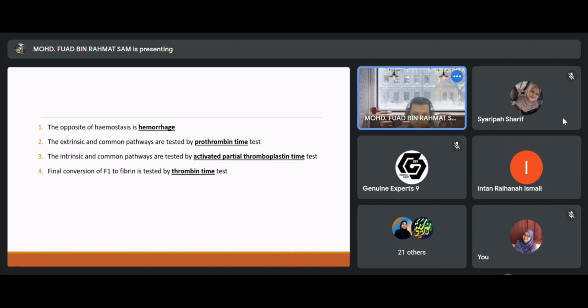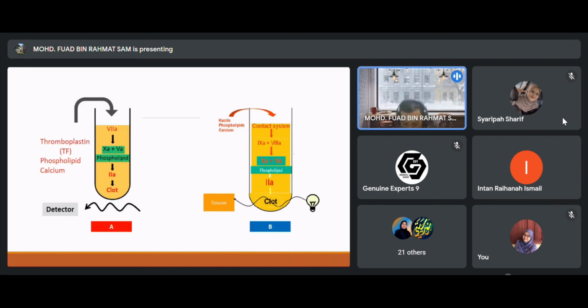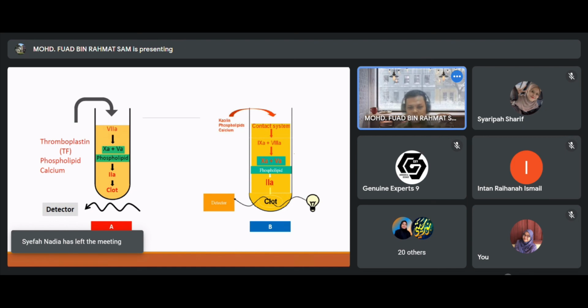Next. Now, boleh saya dapatkan Wan Nur Syahidah? Oh, okay, sebelum tu. So this two figures adalah berkaitan dengan the principles or the reagents that involve in measuring the coagulation disorder or screening test.